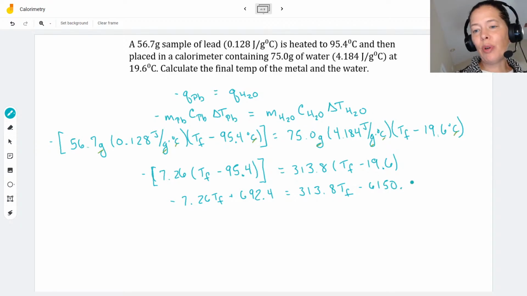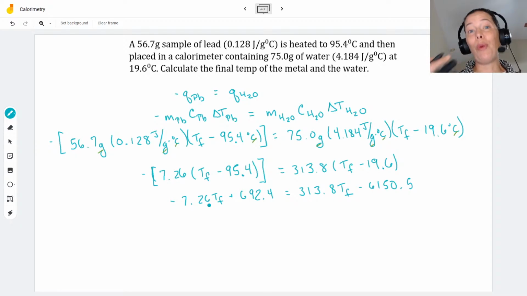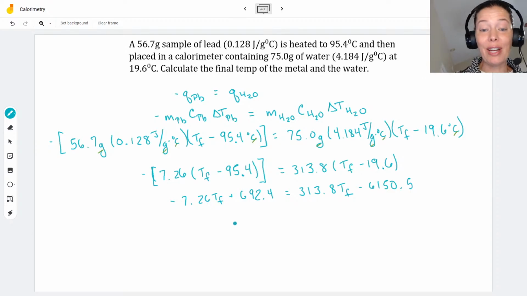This is why it's important to have good algebra skills when you go into chemistry, because you want to be focused on learning the chemistry and not the math with the chemistry. That can make things very difficult. 321.1. Okay, so combined like terms here.